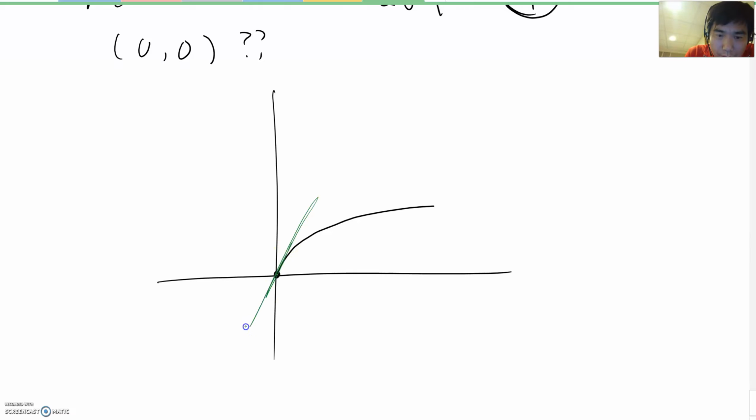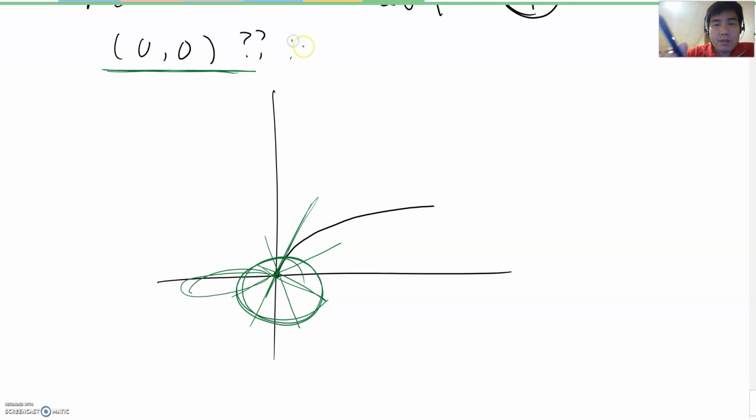There can be one, maybe another one, another one, and also another one, because this is kind of a starting point. There's no such line existing beyond the negative side here. So there are so many tangent lines, all passing through one point, at (0, 0). So we cannot determine it; it is basically undefined. Okay, make sense to you?